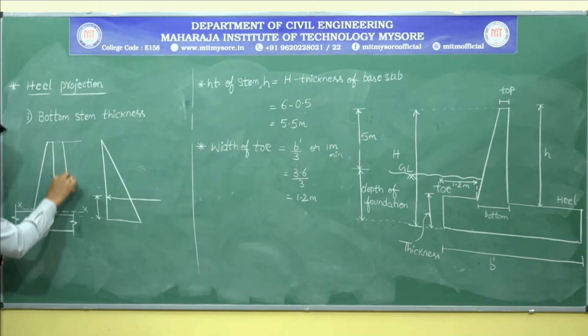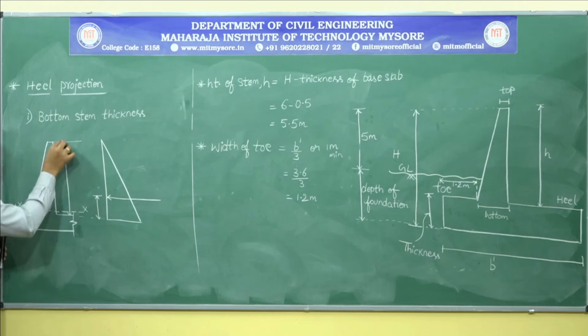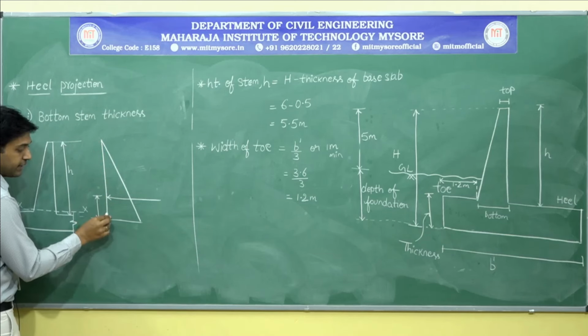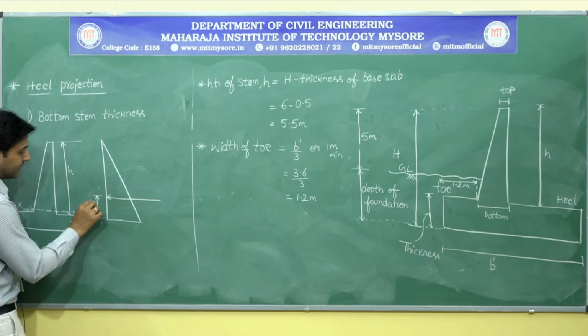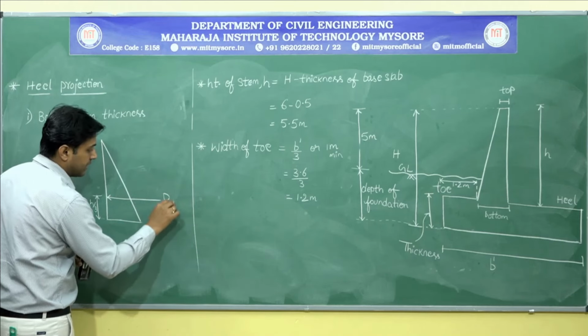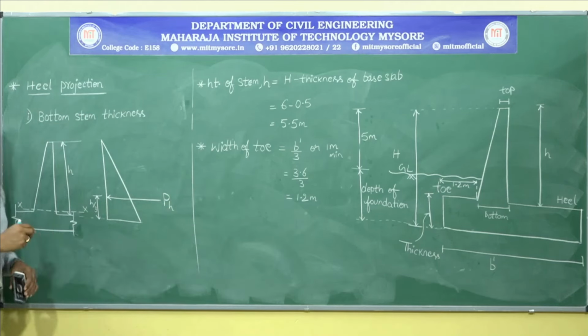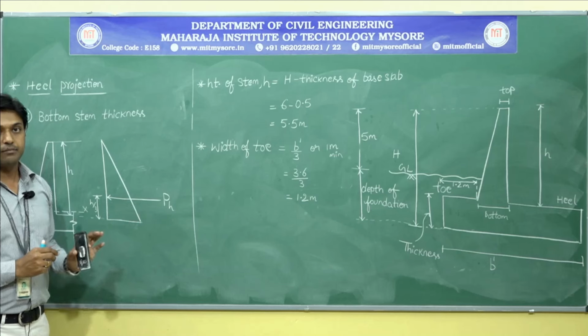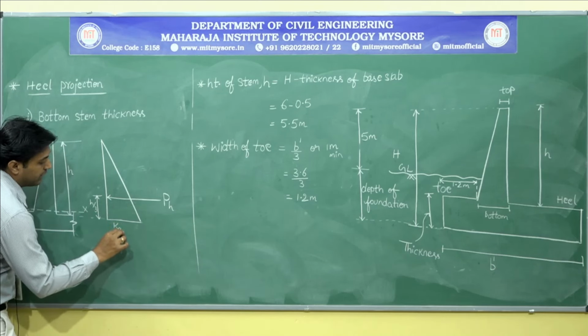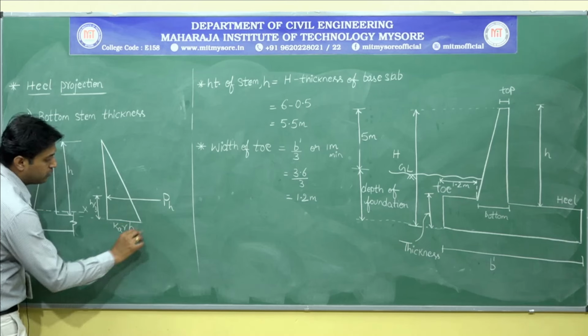What is this total distance? It is small h, that is the height of the stem. So if I consider the total height as h from the 90 degrees side, it will act at a distance of h by 3, and this I will be calling pH, the soil pressure in the horizontal direction. Now I think you know this particular value: Ka into gamma into small h.